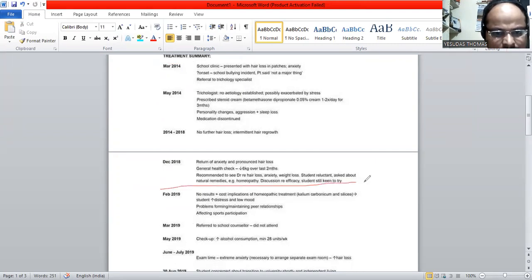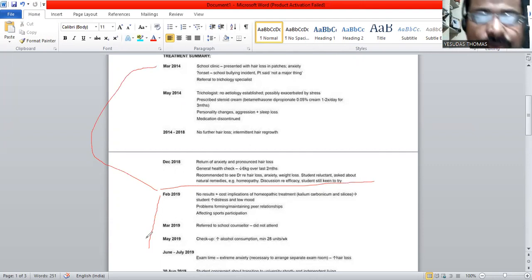From February 2019 up to this period, we can categorize into another group, the most recent history, and the past medical history into two groups. So this is what we are going to do.